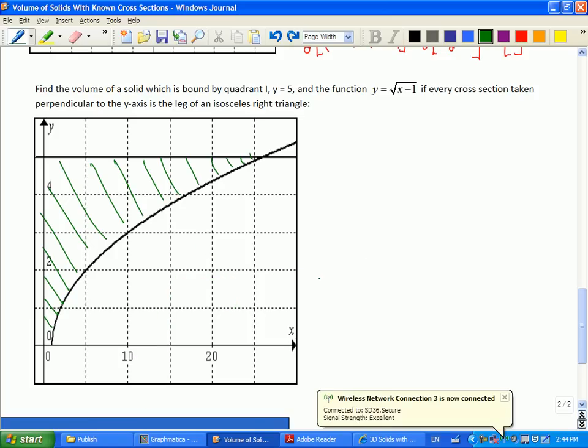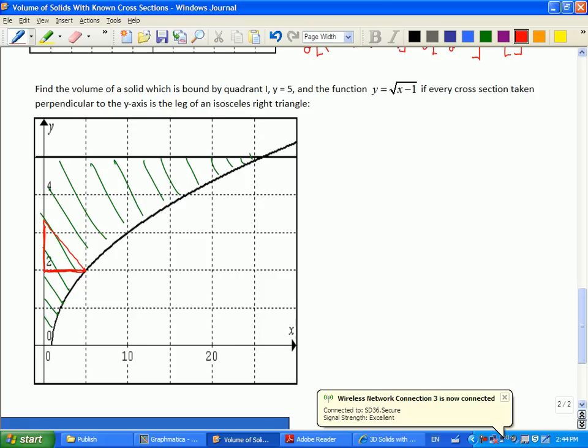So that is the right region that you're looking for, and we're taking a right triangle when I go this way. So the base will go like this. And the height of that triangle is going to be identical because it's isosceles. So I'll do my best to come up with an identical height. Be like that.